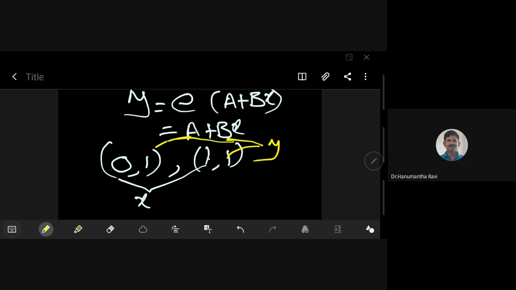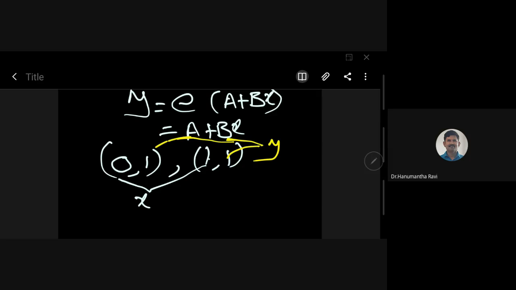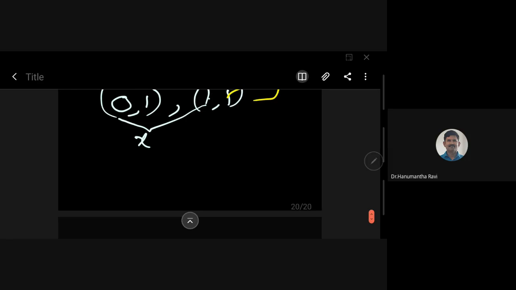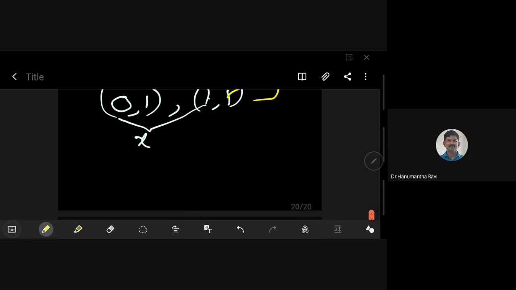So a is 1, and a plus b is also 1. So if a is 1, then b is 0.